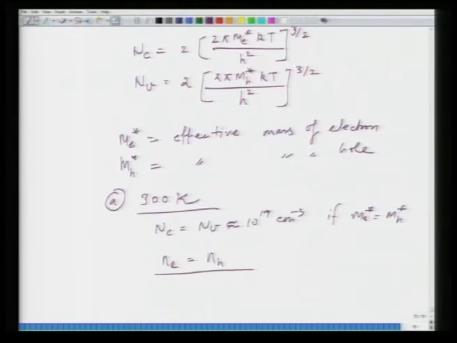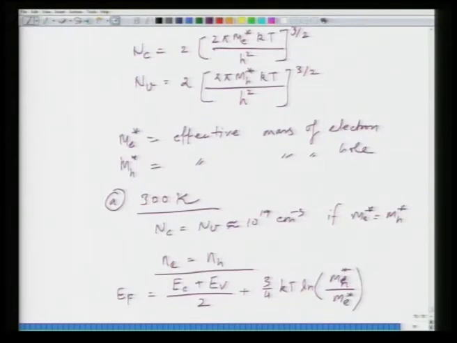For an intrinsic semiconductor, I can write EF equal to EC plus EV by 2 plus 3 by 4 kT ln of MH star divided by ME star, if you make Ne and Nh equal. And this EC plus EV by 2 is nothing but EG by 2.